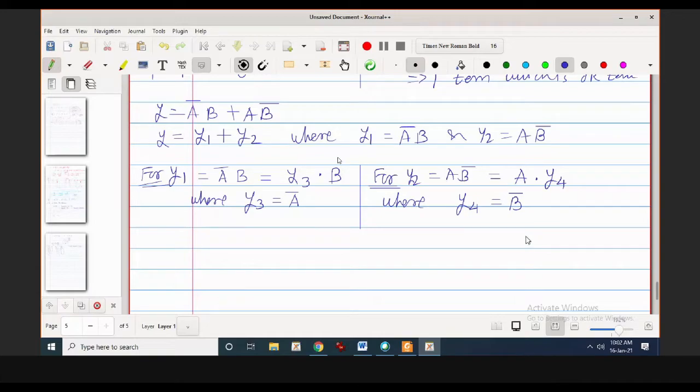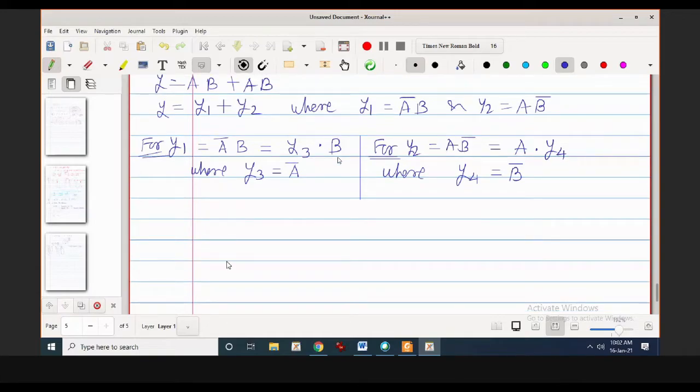So let us start with Y1 first. In Y1, what I require is Y3, so let us start implementing Y3 first. I have the inputs A, B, and I need to get the output Y3. How can I get the output Y3?